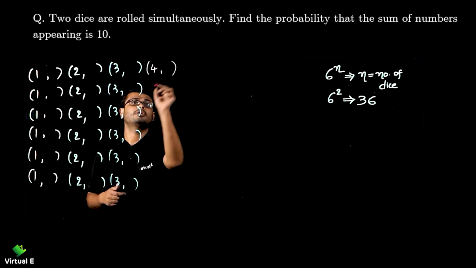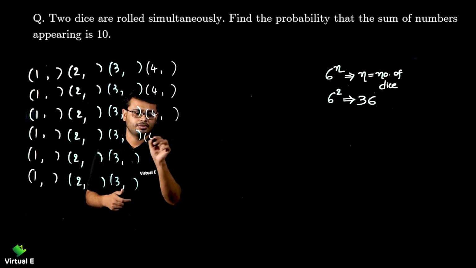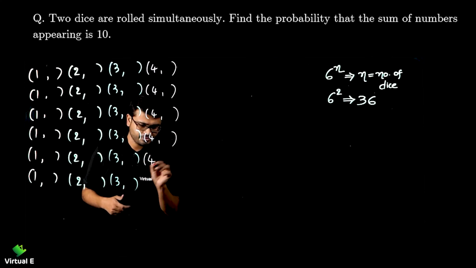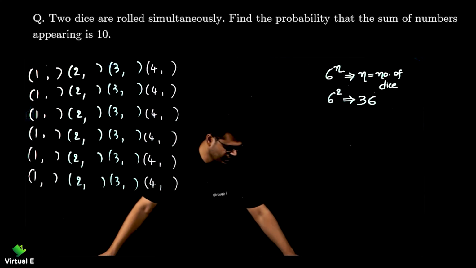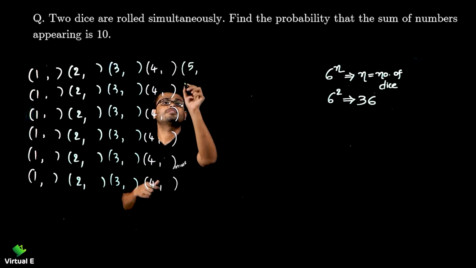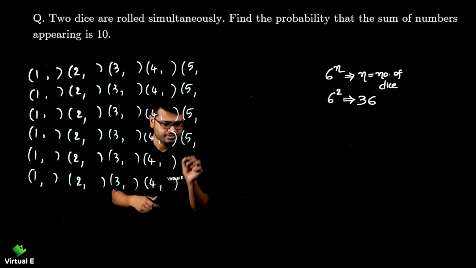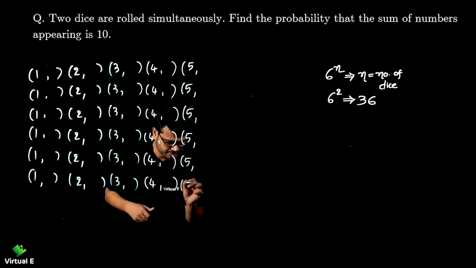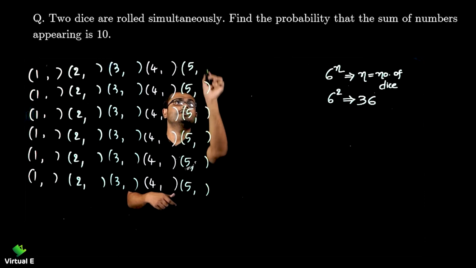Then 4, then 4, 4, 4, and finally 4. Let's move on to the fifth. So fifth, fifth, fifth, fifth, and fifth.